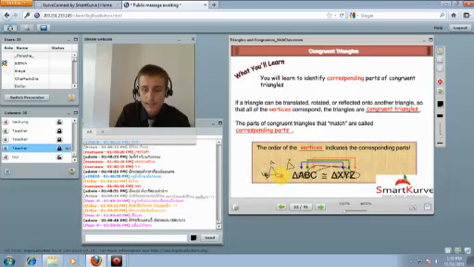B and C are the bases. In the new triangle, Y and Z are the bases because they correspond. The vertices correspond.